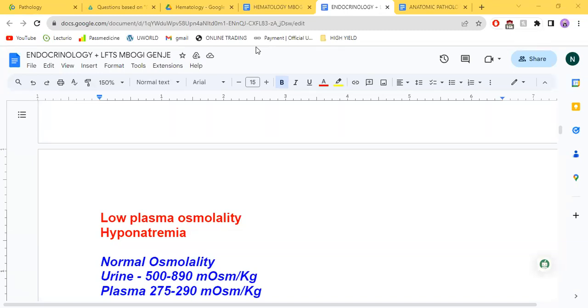Ectopic is outside of the pituitary. So the paraneoplastic syndrome is a tumor that is producing ADH outside of the pituitary gland. So which one is it? Small cell lung carcinoma. Correct. Excellent. So the paraneoplastic syndrome is associated with small cell lung carcinoma. Yes, very good. That's the one I was looking for.